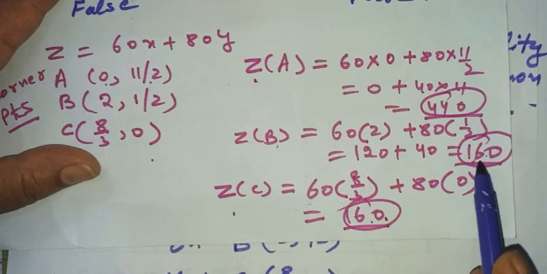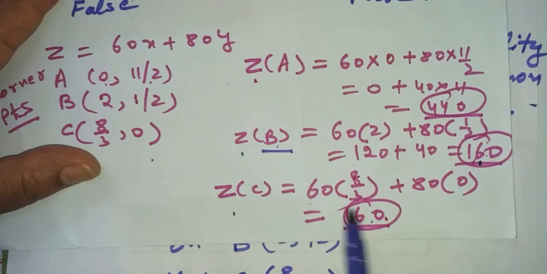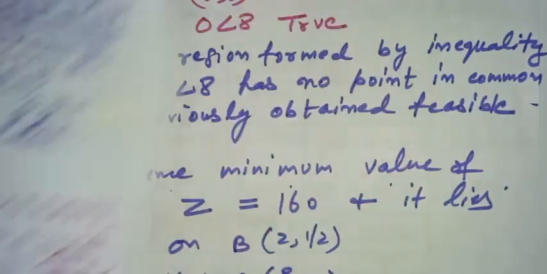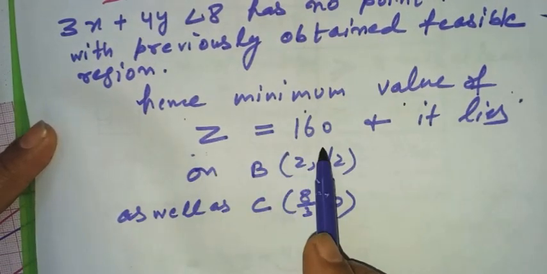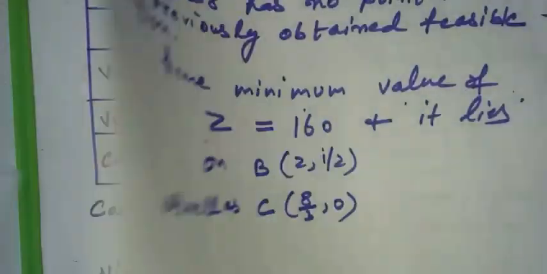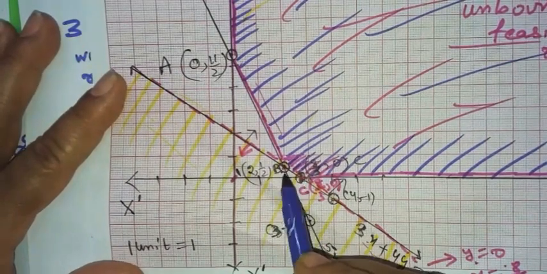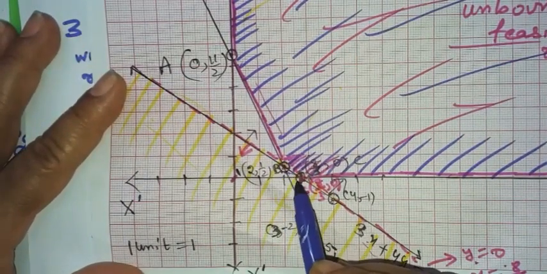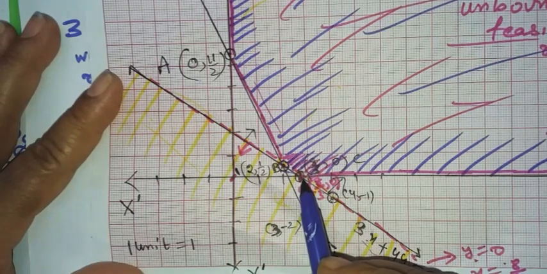But here, since Z is giving you the minimum value 160 at the point B, and it is giving you the minimum value 160 at the point C also, hence the minimum value of the objective function Z is 160, and this minimum value lies on both point B as well as point C. So what does it mean? It means that you can see this line segment BC. All the points lying on this line segment, that means all the values of x and y that lie on this line segment BC, are the solution of this linear programming problem.